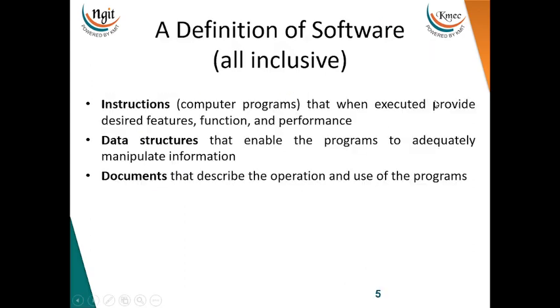Moving on to the next slide, the all-inclusive definition of software covers instructions. What do you mean by instructions? The computer programs that, when you execute them, provide the desired features, function and performance. When the computer program is executing, it has to provide the desired output, what function it is going to perform, and how it is going to perform.